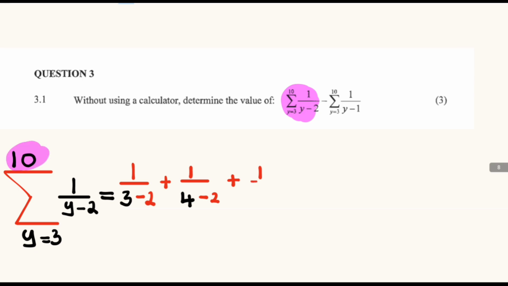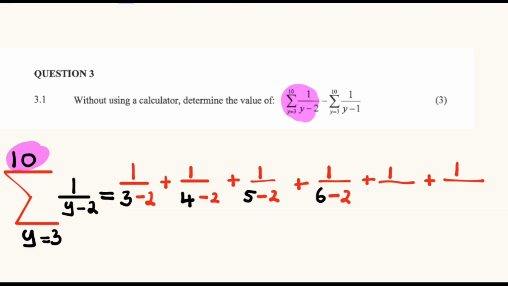Where there is a y, we substitute 5, minus 2, and where there is a y, now we substitute 6.